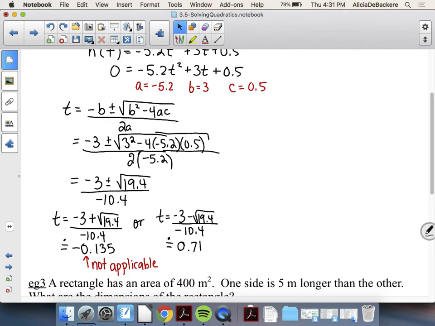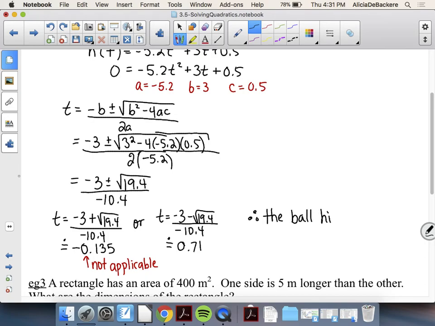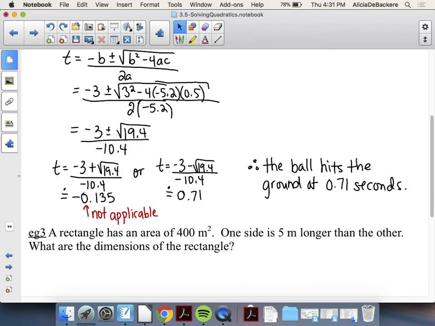That would be like if the ball was going backwards through time, it would have been on the ground before he threw it, I think. So now I know that the ball hits the ground at 0.71 seconds, so about 3/4 of a second.